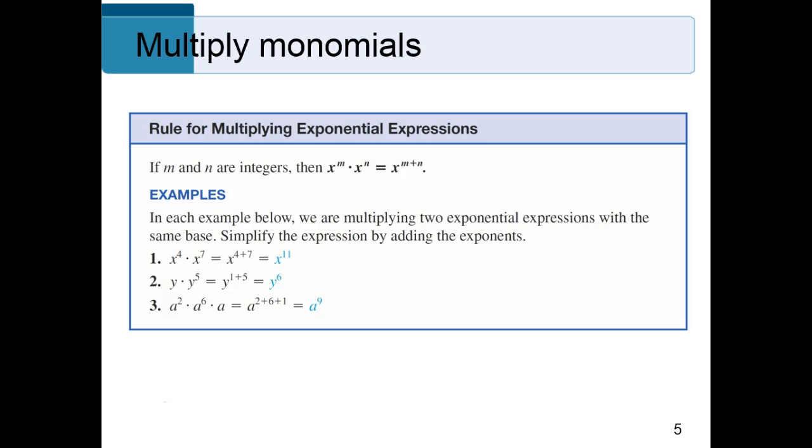Oh, 9, a to the 9th, because same base, 2 plus 6 plus 1 is 9, a to the 9th. Everybody see that? I'm sorry I'm blocking your view when I get over there. Any questions? Please, if you have questions, ask.